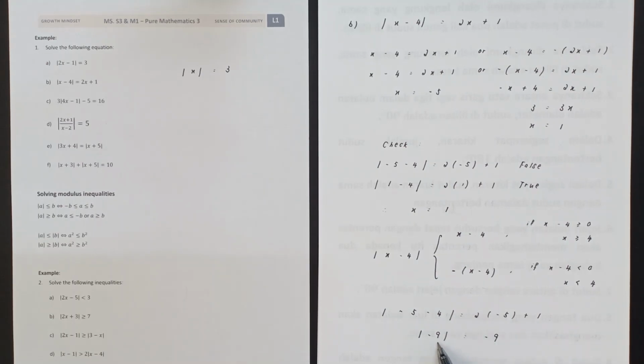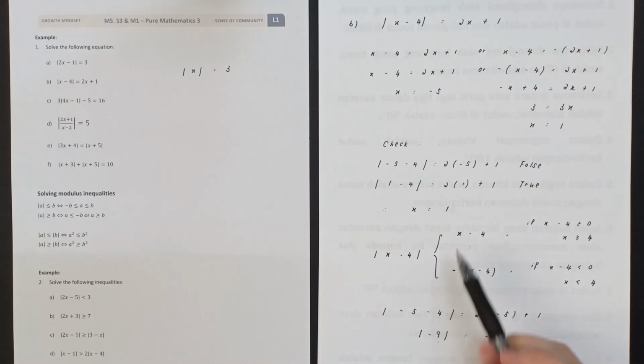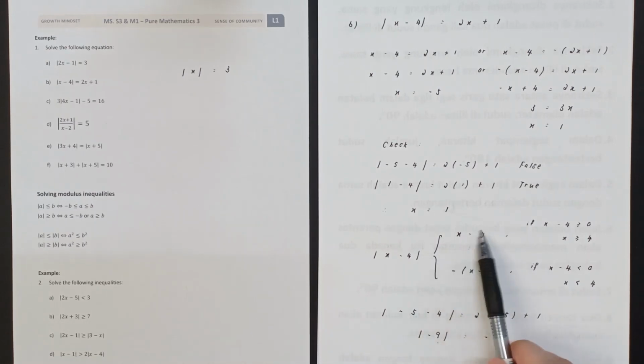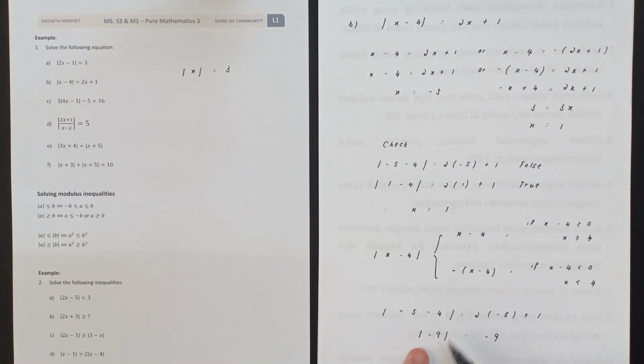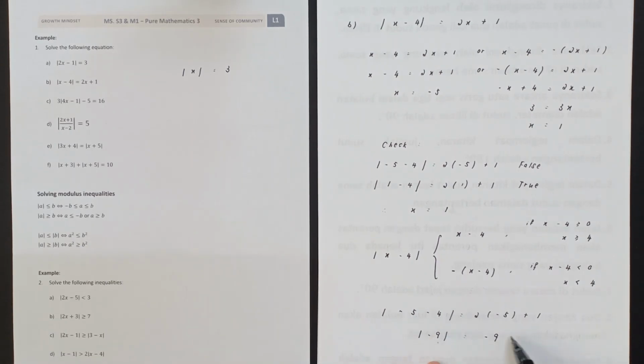Because if negative 9, and I go in this direction, meaning I assume that what is inside is positive, then I'm not going to change it anywhere, and I will get the same answer. But the problem is that because it's a negative number, when I solve the modulus, it becomes a positive one. So this is why this statement becomes a false one. So that's why every time you want to solve the equation, you must make sure that you check at the end of your answer.